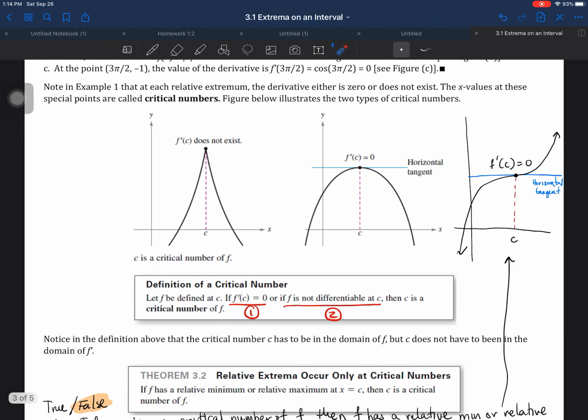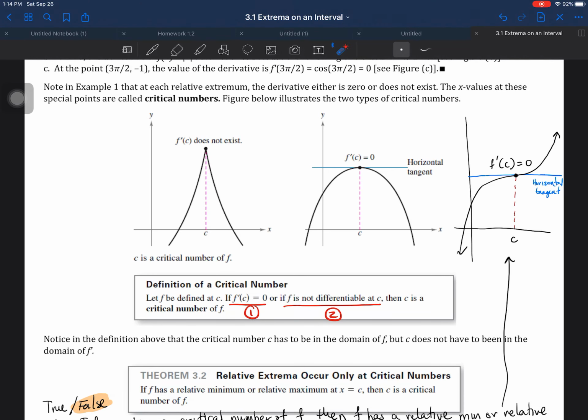So we define the critical number: if f is defined at C and the derivative at C is 0, or if f is not differentiable at C, then we say C is a critical number. Those two will help you find the critical numbers.